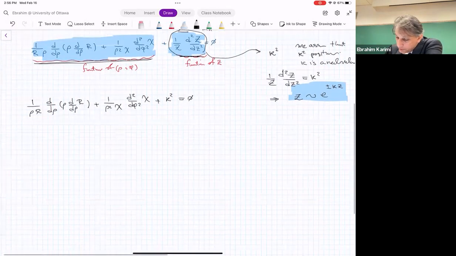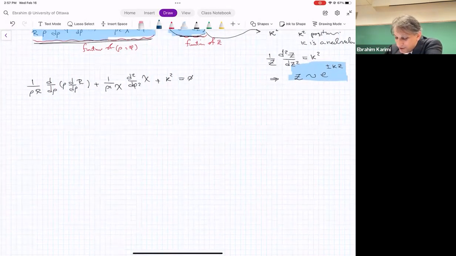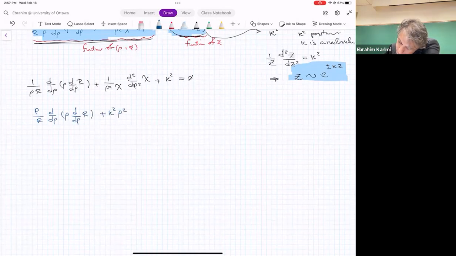Fantastic. So let's do a little bit of algebra. Multiplying both sides by rho square, what I will get is rho divided by R, d d rho of rho dR d rho, plus k square rho square, plus 1 divided by chi, d2 chi d phi square, equal to 0.